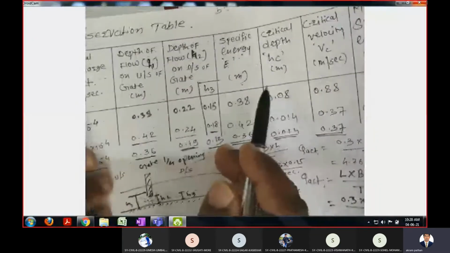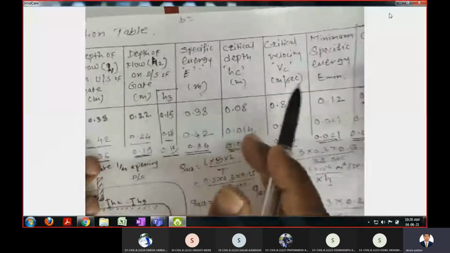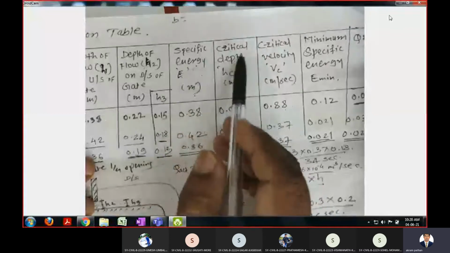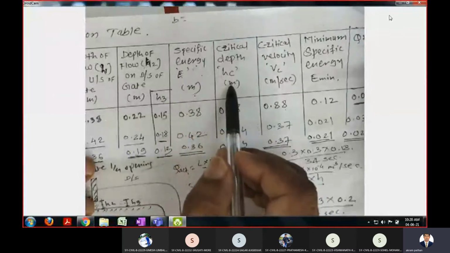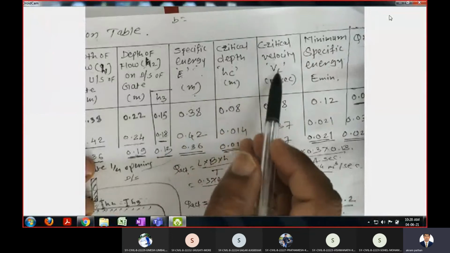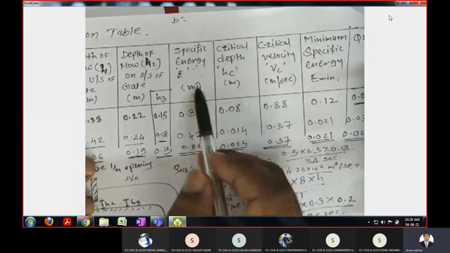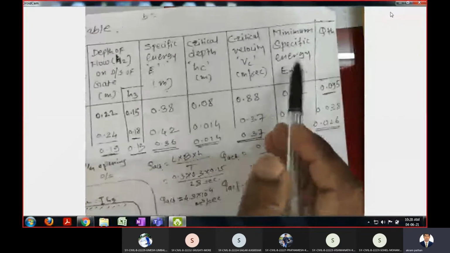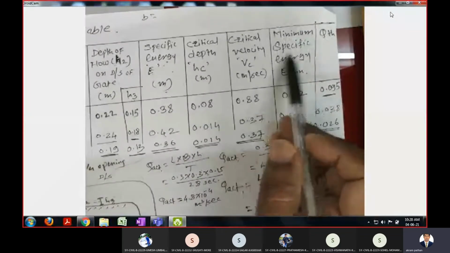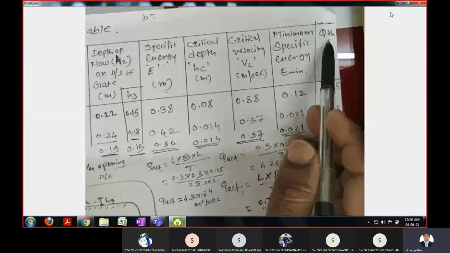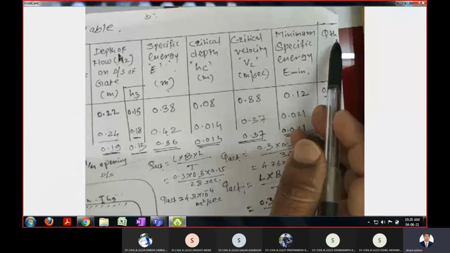Then we have to calculate the hydraulic parameters, that is the specific energy. Then we have to calculate critical depth. Then we have to calculate critical velocity. We have the formula for all these 5 parameters, and we have to calculate minimum specific energy, that is E minimum, and last we have to calculate theoretical discharge.